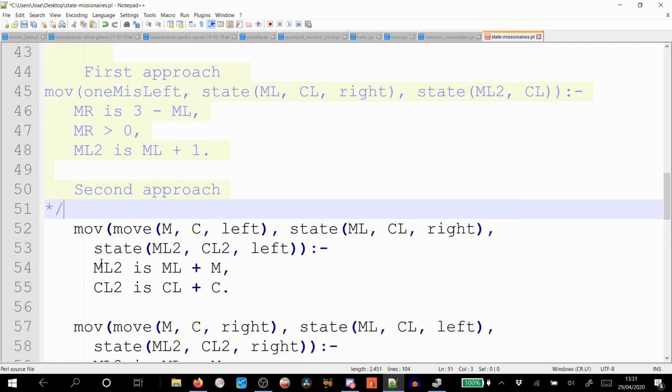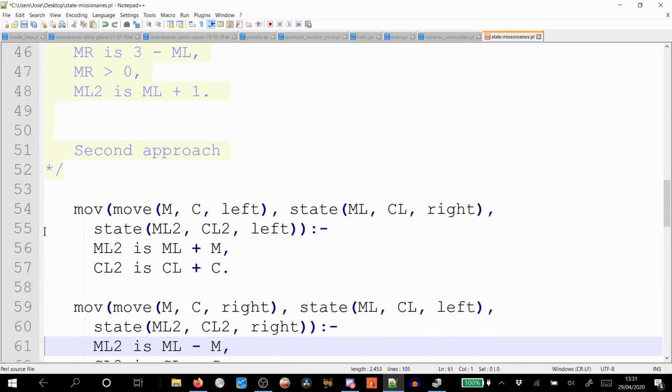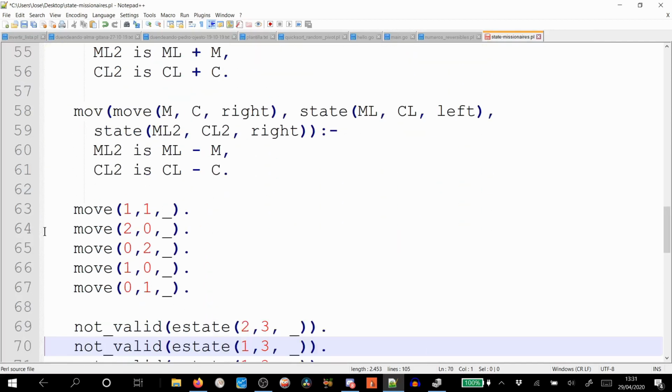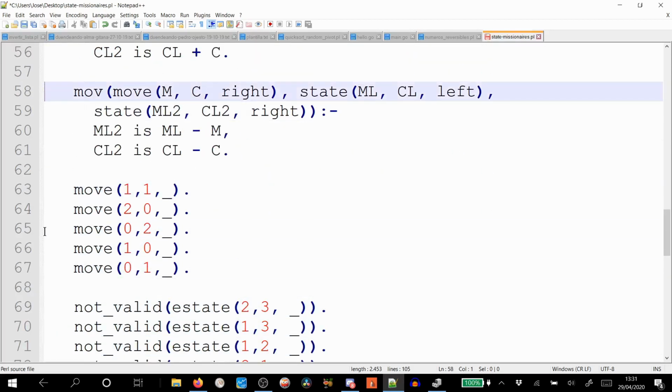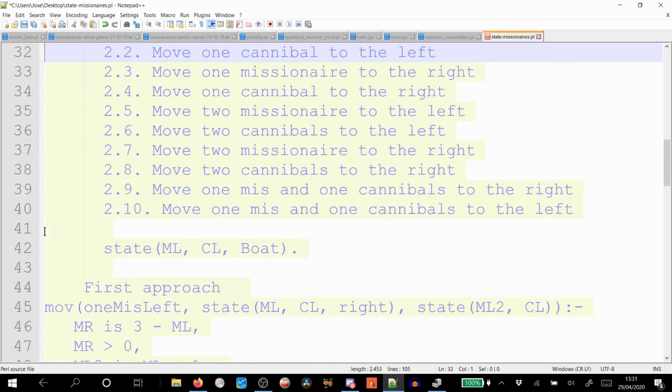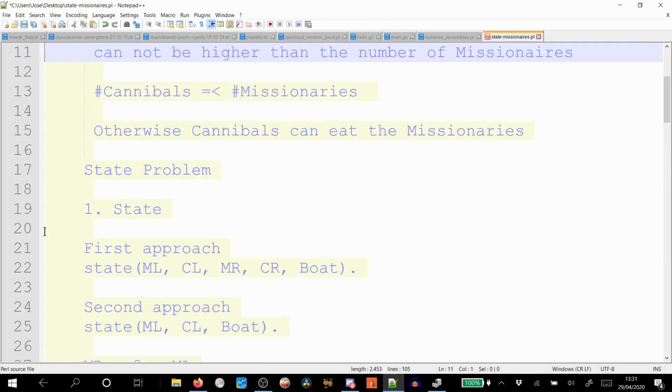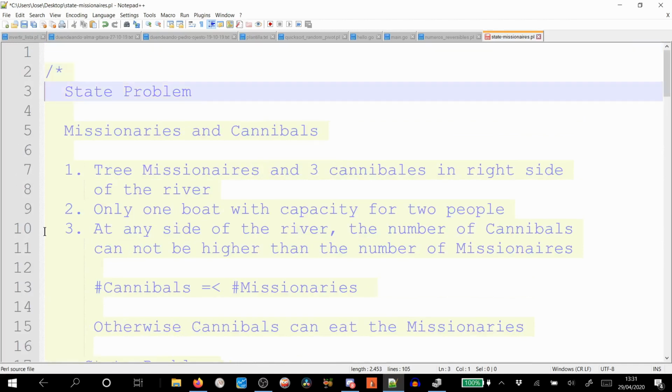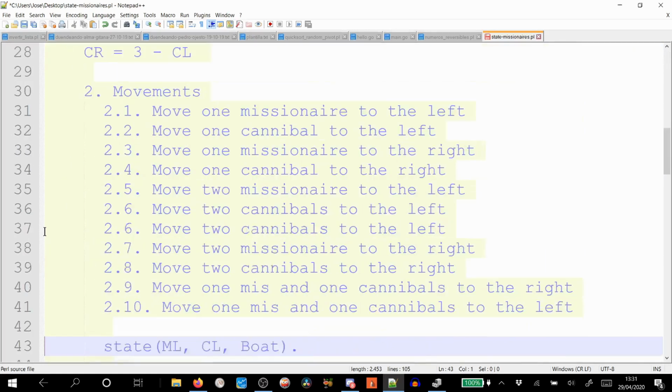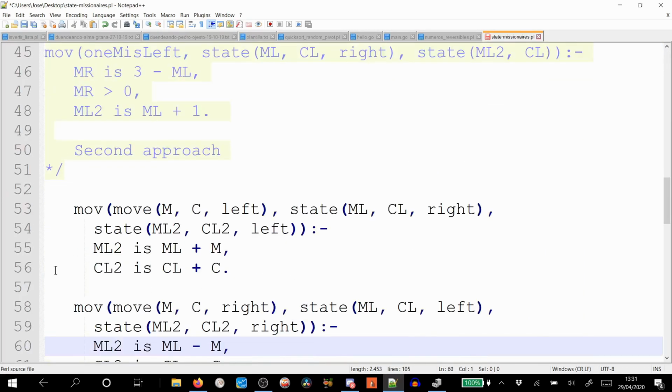We only define 2 movements instead of 10 movements, so our code is shorter. Okay, I think now it's okay. Here the code starts. Okay, let's load this code in Prolog.